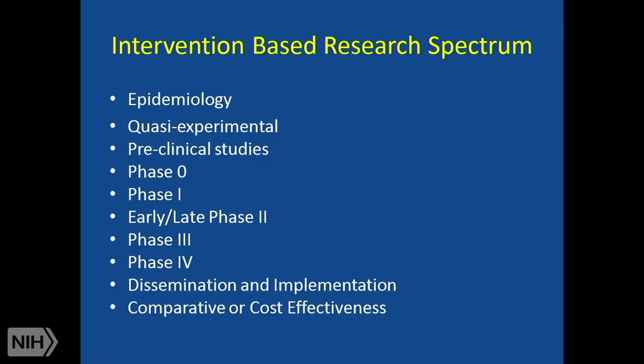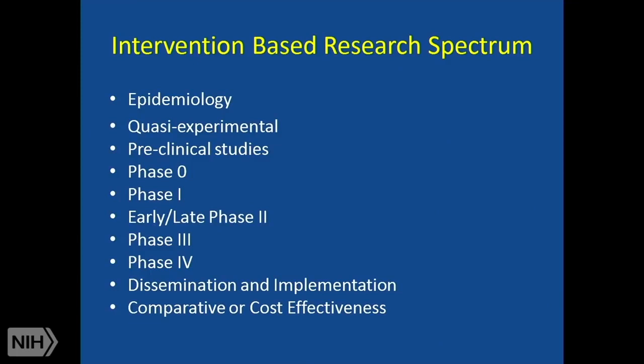Beginning of these early and late phase 2 studies, again, we're looking a lot at safety like we are in phase 1, but we're starting to get a better idea of the dose. We're starting to get a better idea of how we should deliver a medication or some type of medical product or therapy. We're trying to get an idea of who should be in these studies and not.